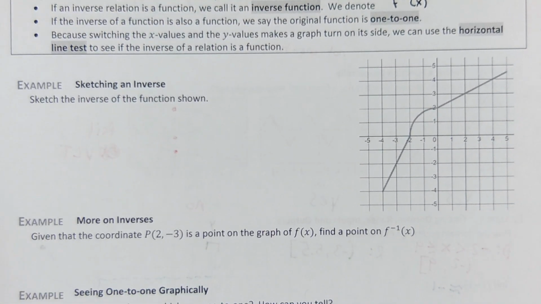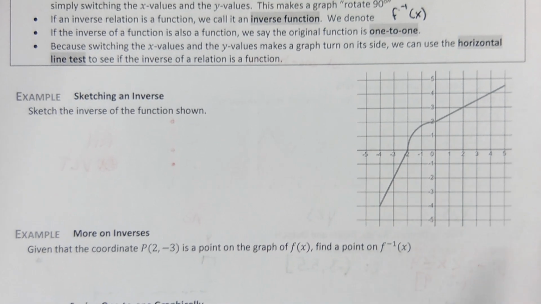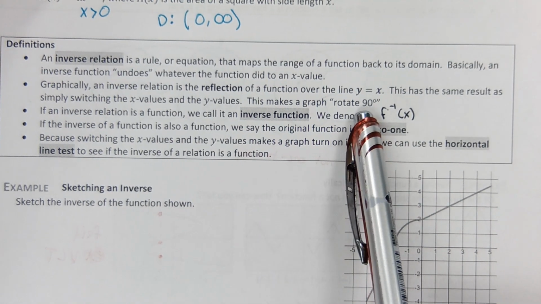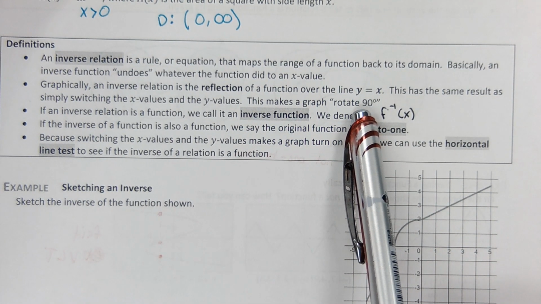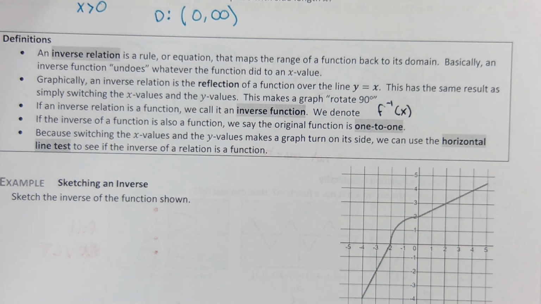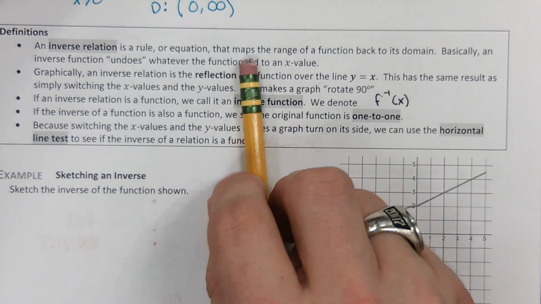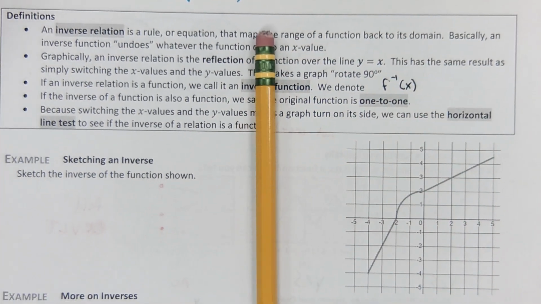Now, if we have a graph of a function, we can tell if it's one-to-one, meaning its inverse is a function, if it passes the horizontal line test. The reason why is that finding an inverse basically rotates the graph 90 degrees. Something is a function if and only if it passes the vertical line test, straight up and down.